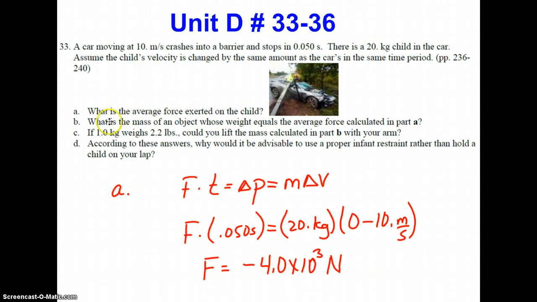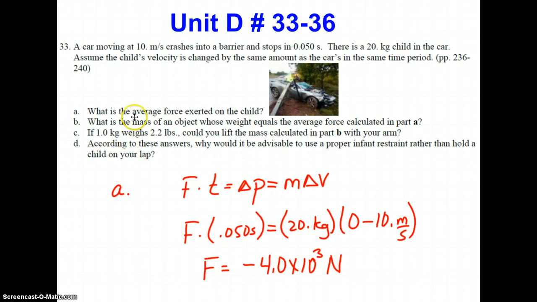Capital F. What is the mass of the object whose weight equals the average force calculated in part A? What they're wanting us to do here is convert this force found in A to a mass. In C, if 1 kilogram weighs 2.2 pounds, could you lift the mass in part B with your arm?